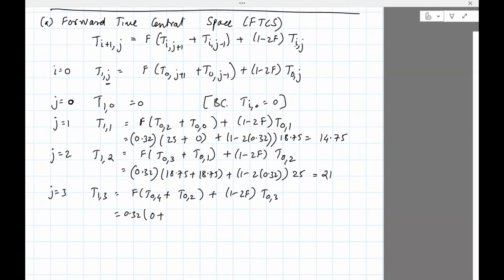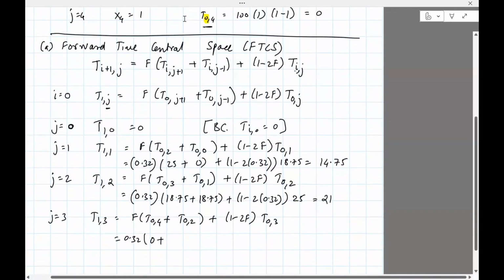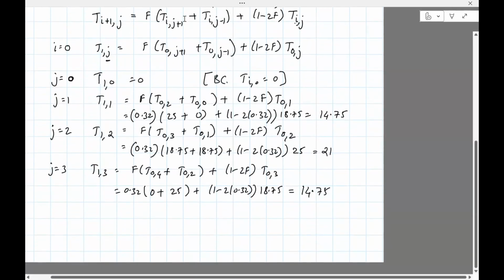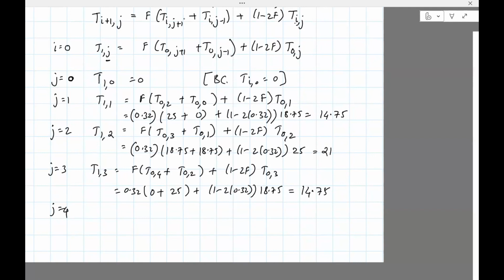Then T0,2 is 25. 1 minus 2 times 0.32. T0,3 is 18.75. And then j equals 4.